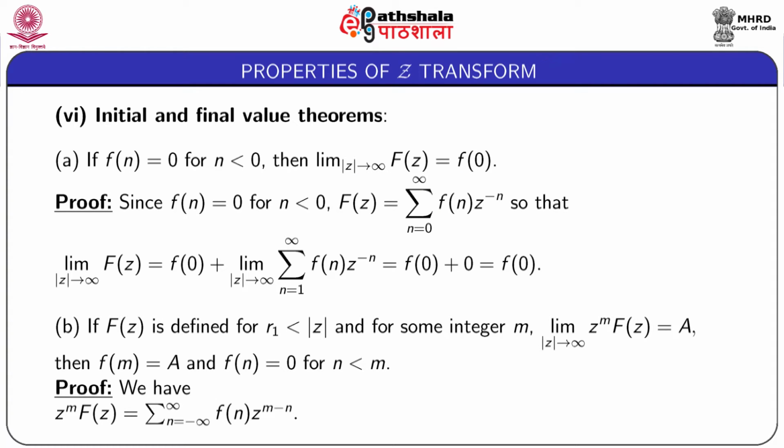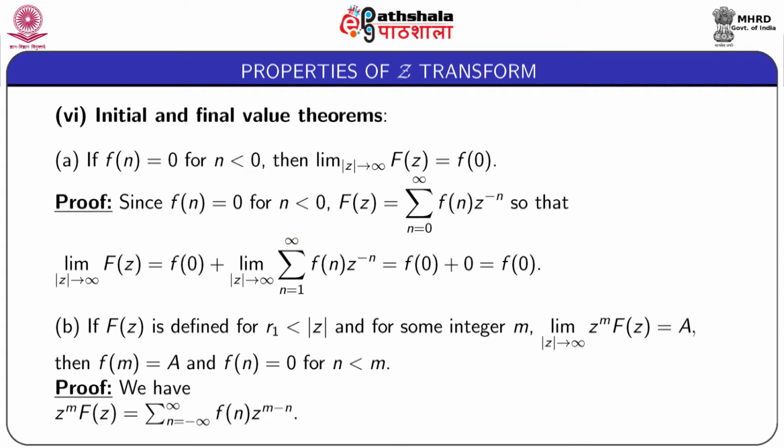For proof, since f(n) equal to 0 for n less than 0, we can write its Z transform as capital F(z) equal to summation n equal to 0 to infinity f(n) z to the power minus n.